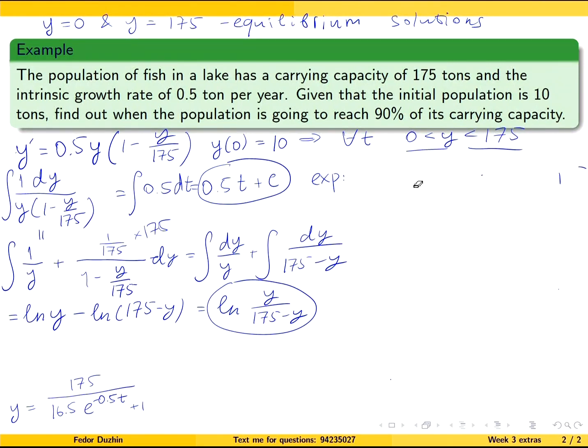It means that we need to find the value of t such that y of t equals 90% of the carrying capacity. So in other words, this is our solution, 175 over 16.5 e to the power minus 0.5t plus 1. This should be equal to 90% of the carrying capacity, which is 0.9 times 175. And the question is to find the value of t. So now t is the subject, and we need to solve it for t.